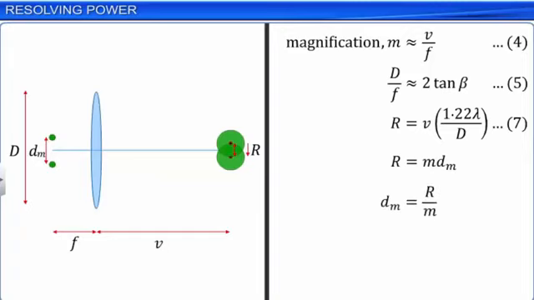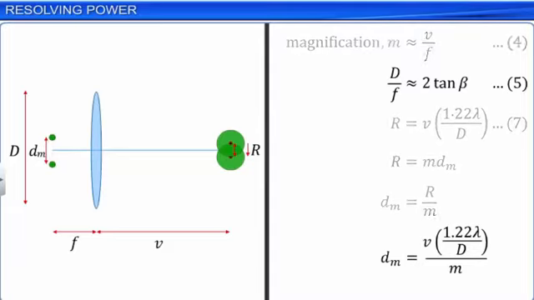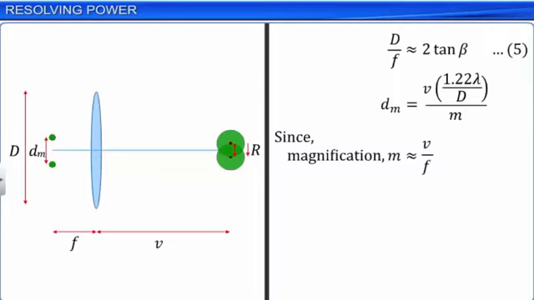On substituting the value of r from equation 7, we get dm is equal to v into 1.22 λ/d, whole divided by m. Since magnification m is equal to v/f, f is equal to v/m.